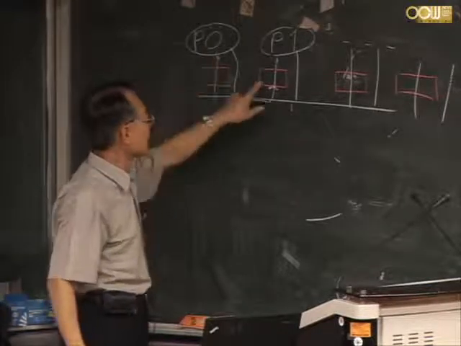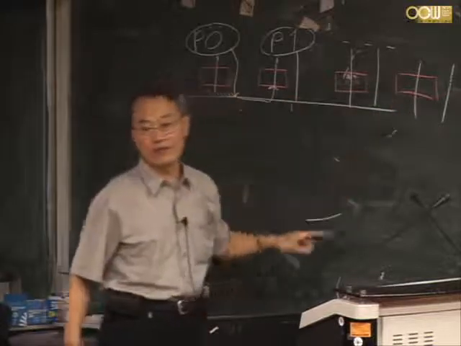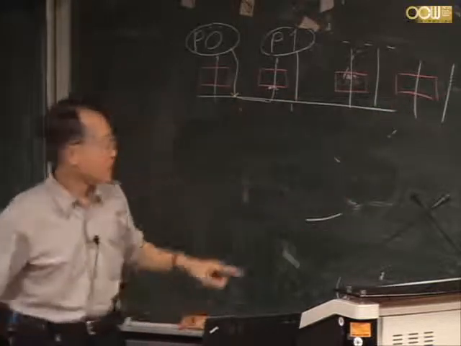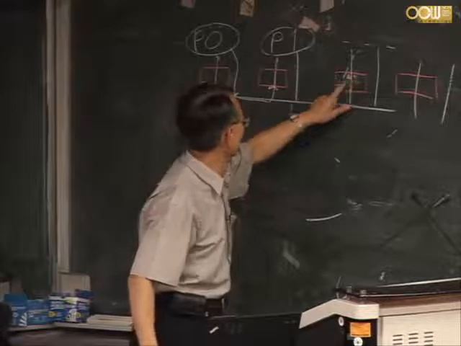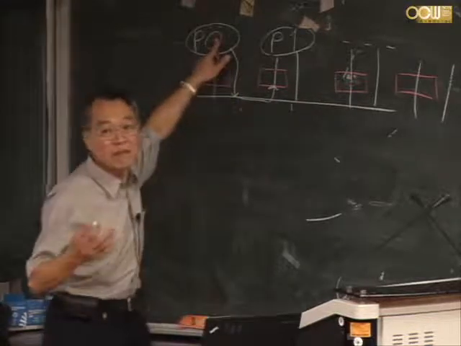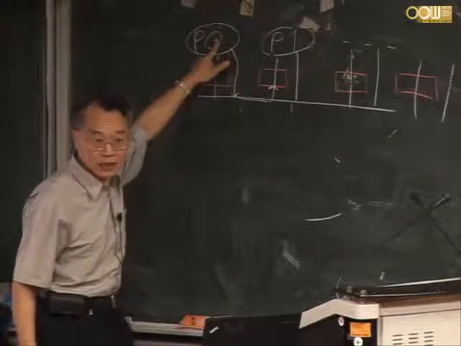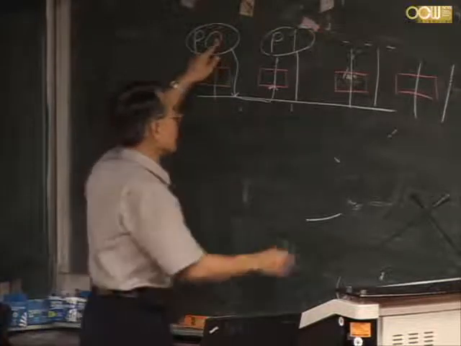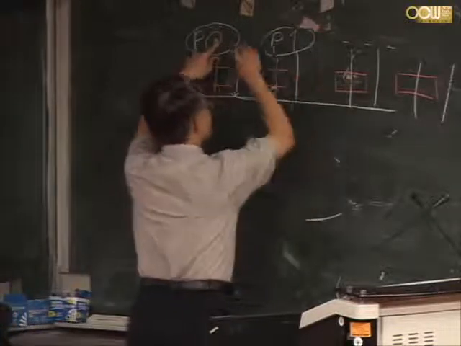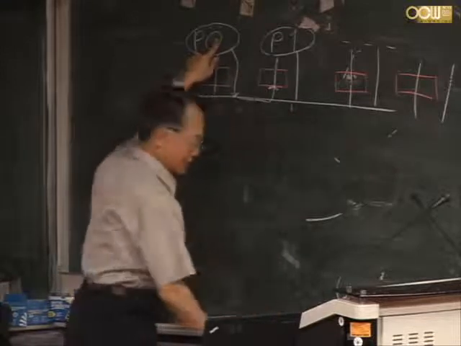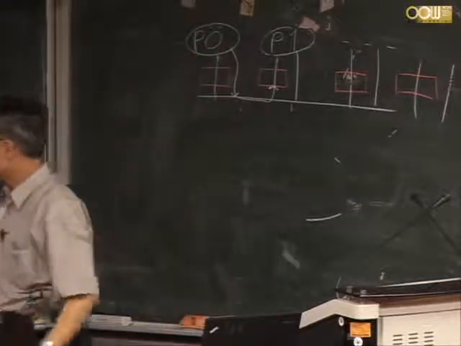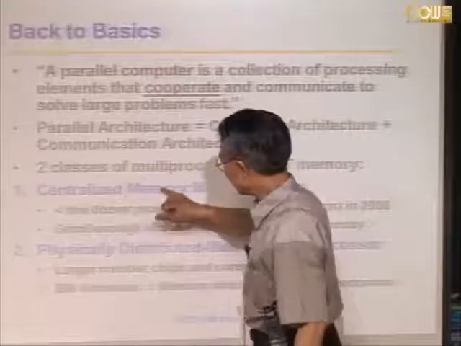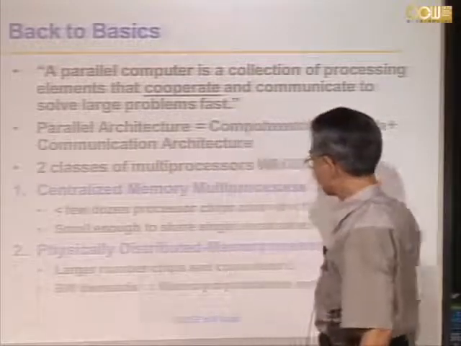Or I may be accessing any of these, which are very far away from me. And these, to me, are at the same distance. The distance will be the same, whether I'm accessing this or that. So we call this centralized and distributed.